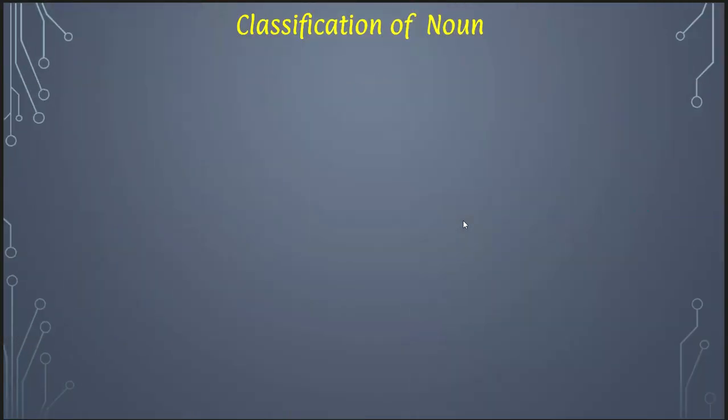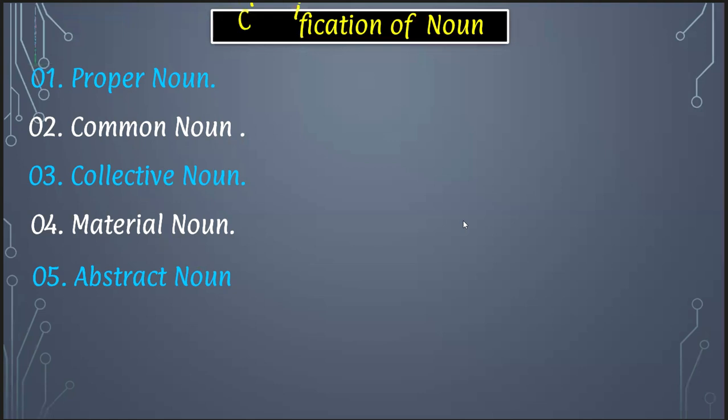So the noun that can be seen is called concrete noun, and the noun that cannot be seen is called abstract noun. Totally, nouns are divided into 5 parts, and the first 4 are concrete noun, and the last one, number 5, is abstract noun.